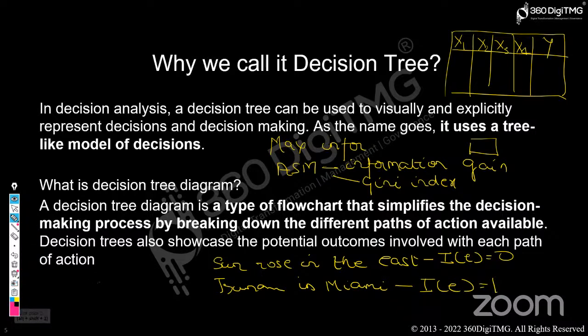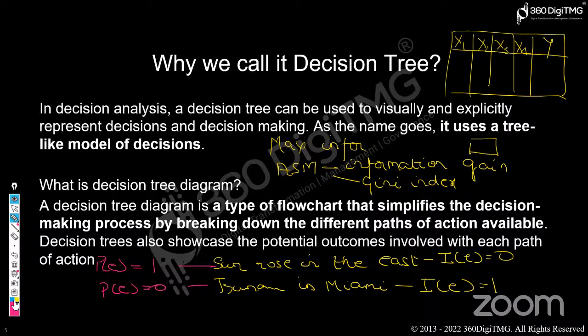But if you talk about the probability of the first event, it will be high, whereas the probability of getting a tsunami is very low. So the probability related to the tsunami event will be close to 0.